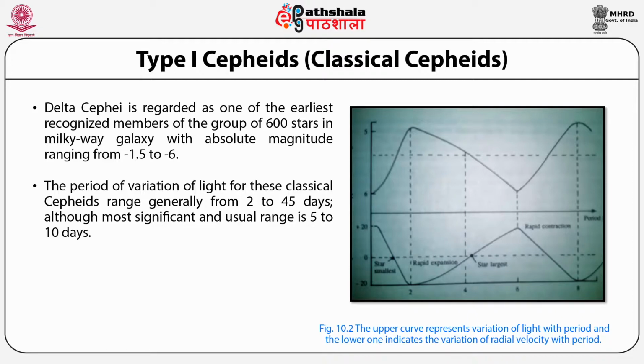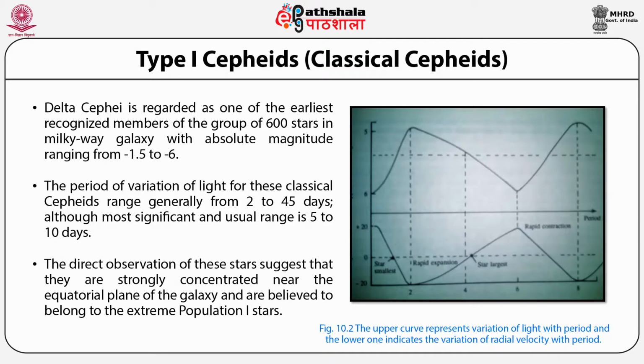Almost all the classical type first Cepheid variable stars are yellow supergiants with spectra varying between F and K. The direct observation of these stars suggests that they are strongly concentrated near the equatorial plane of the galaxy and are believed to belong to the extreme population first stars.